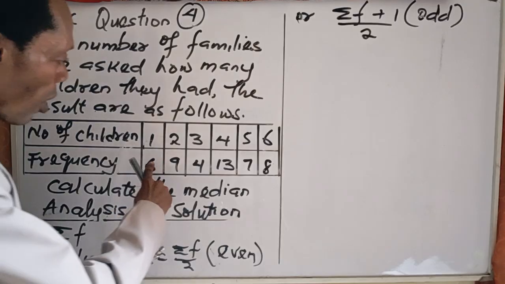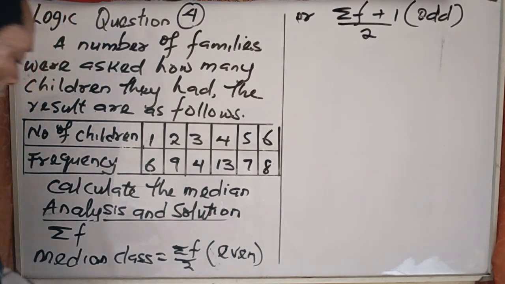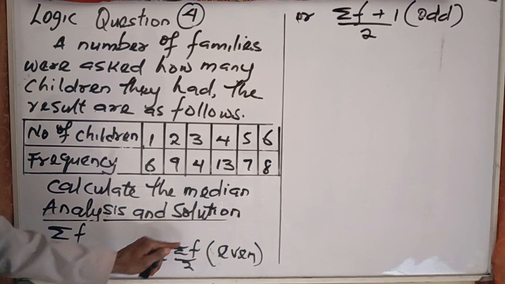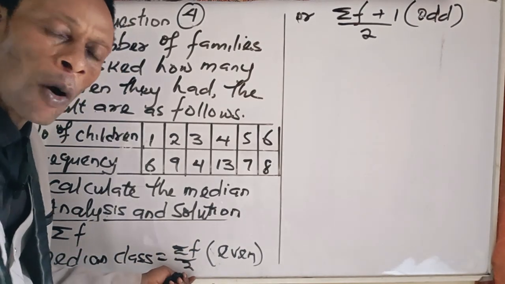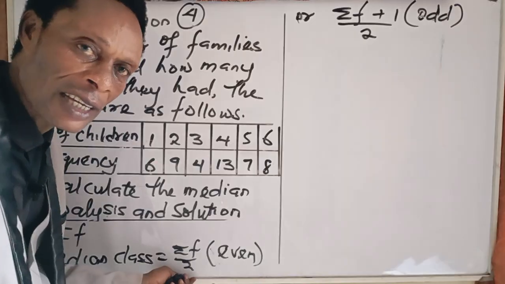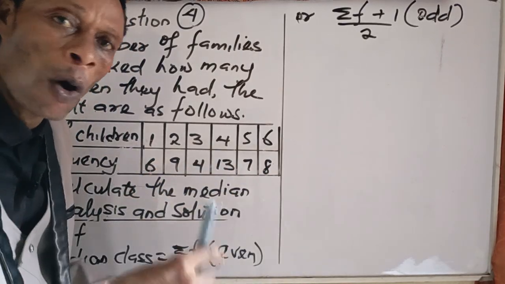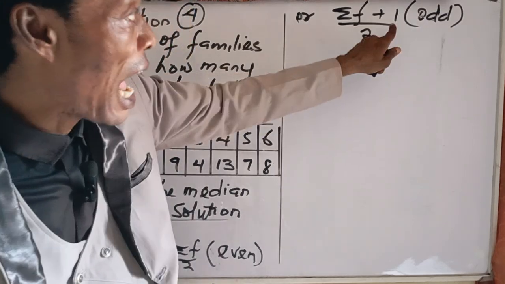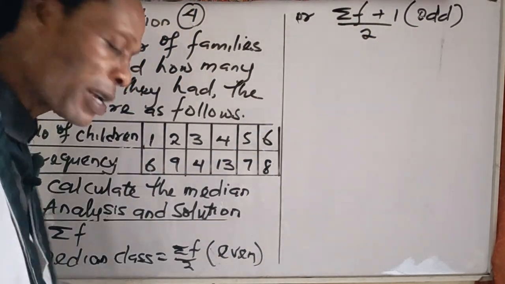If you add all the frequencies together and it is an even number, just divide it by 2 and that gives you the median class. But if it is odd, then add 1 to it and divide by 2. That will give you the median class.